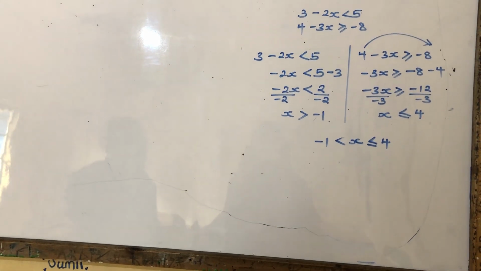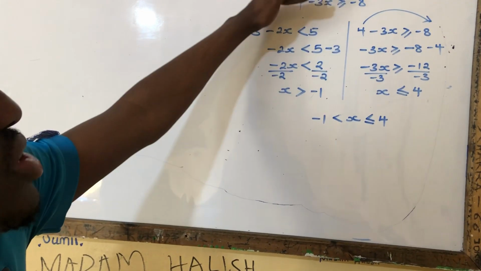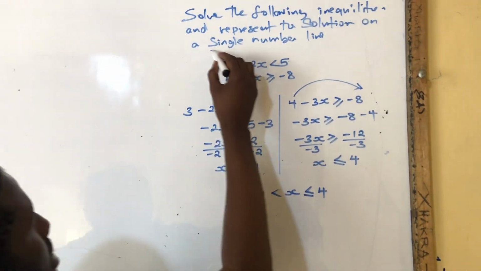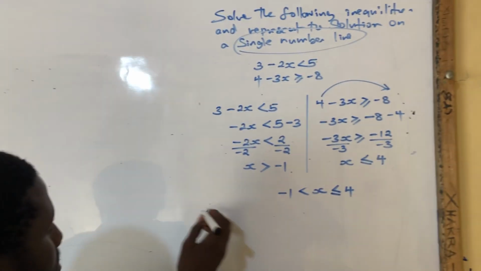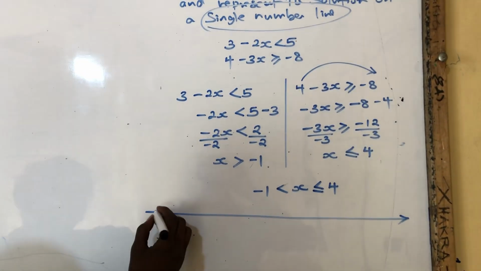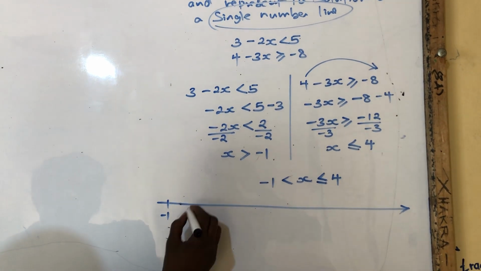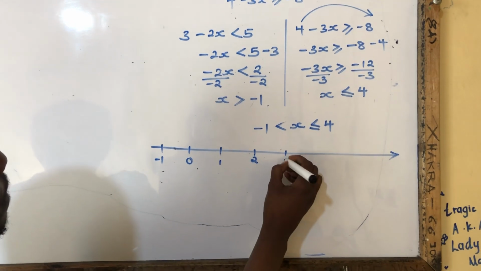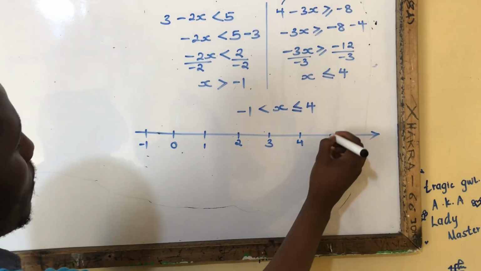The question did not stop at this point. The question asked you to represent the solution on a single number line. How will that be achieved? I will have my number line. We'll have negative 1, 0, 1, 2, 3, 4, 5.